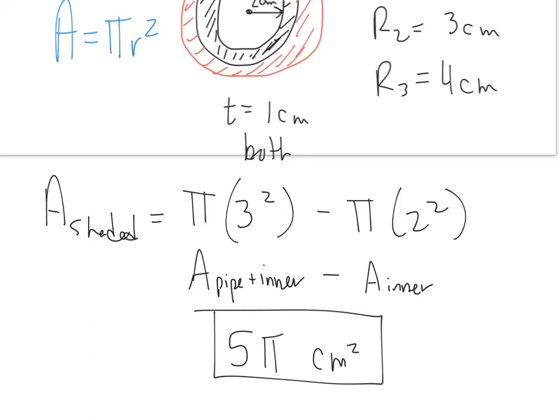So if you take the area provided from the outer wall, minus the area provided from the inner wall of the insulation, we would get the area of the insulation. So change this to a 4, change this to a 3, square them both still, so it'd be 16 minus 9 really, and you end up with 7 pi for the area of the red shaded region.